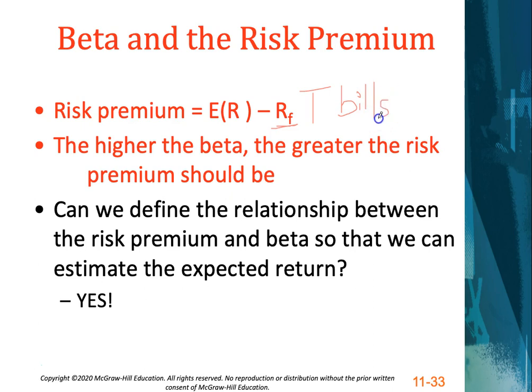So the return on Treasury bills is considered the risk-free rate because they're backed by the full faith and credit of the United States government, who is the most respected economy in the world and can print money at will. So they can always pay back the loans that were made to the federal government to buy these T-bills. So the risk premium is the expected return of the market minus the risk-free element.